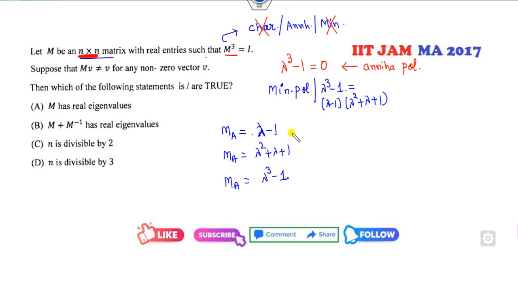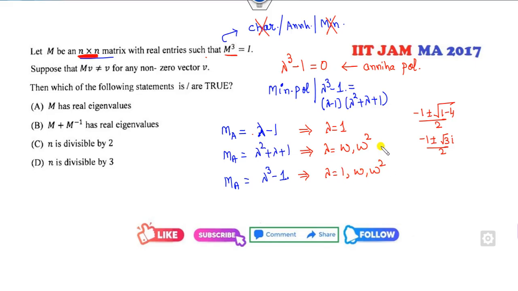Fine. If this is the minimal polynomial, what is the eigenvalue? 1. If this is the minimal polynomial, now you can see minus b, 1 minus 4 over 2, so minus 1 plus or minus root 3 iota over 2. And you can see this is omega and omega square. Omega is the cube root of unity. And from here it is 1, omega, omega square.